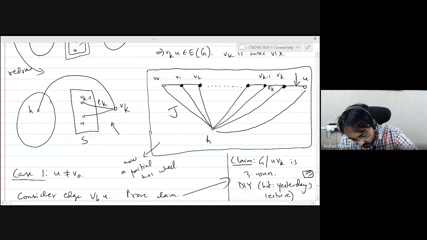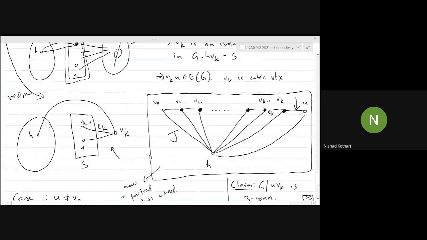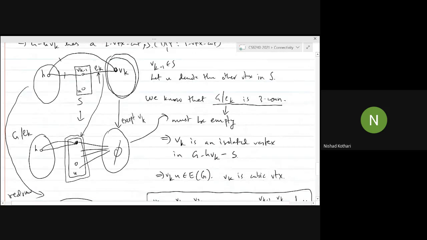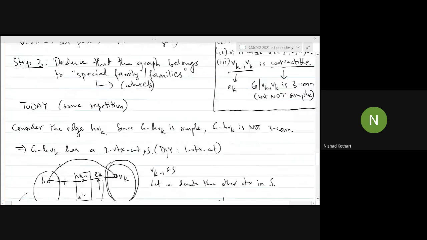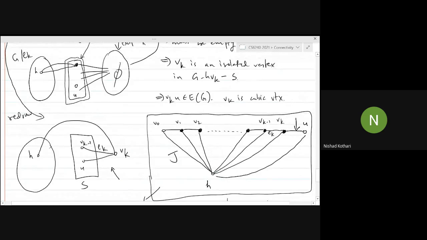Right? Why? Let's look at all the properties. Let's not fool ourselves by the drawing. We want all the vertices of the path to be adjacent to the hub, right? So that is clear here. All the vertices on the path, including the vertex u, which is on the path now, which is a new path, they are all adjacent to the hub.